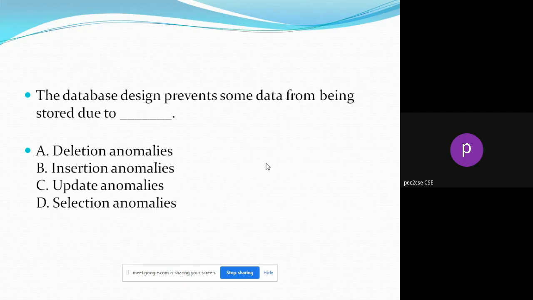It prevents some data from being stored. It prevents you from storing the data. Why? Insertion anomaly. Yes, very good. It is an insertion anomaly. The table has insertion anomaly, then you cannot insert the value.